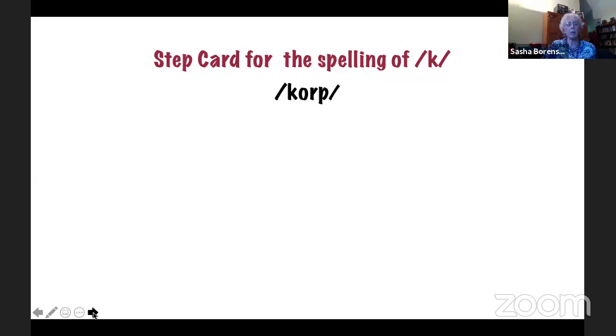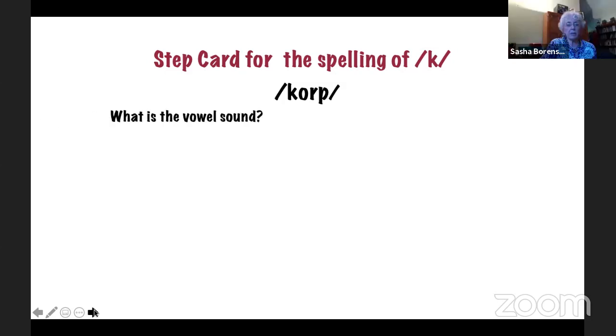Anybody willing to say why it could be spelled with a C? They have the same sound, K and C. They do, yeah. And it's followed by O. It's followed by O. Because if the C were followed by I, E, or Y, I could not use the C there.